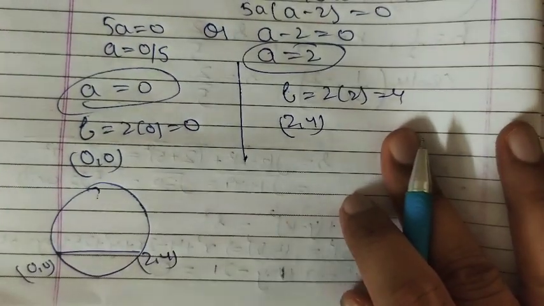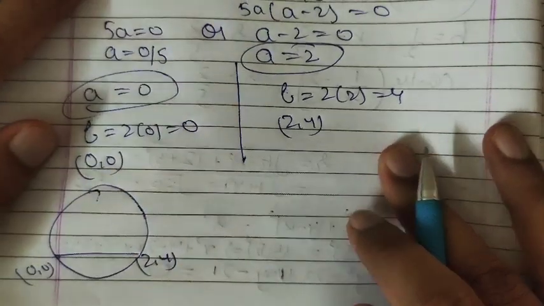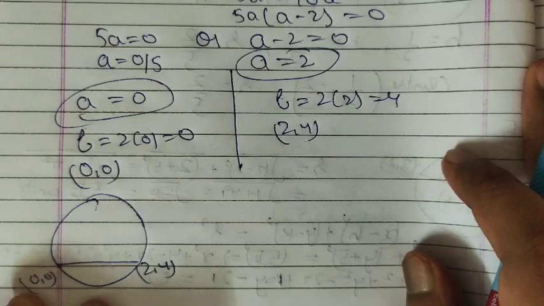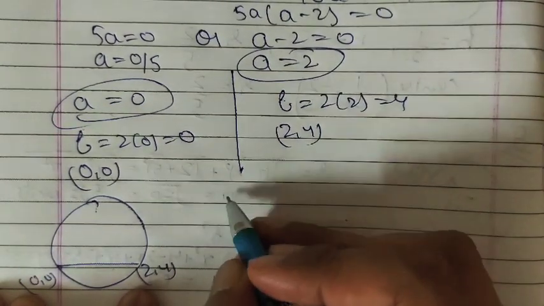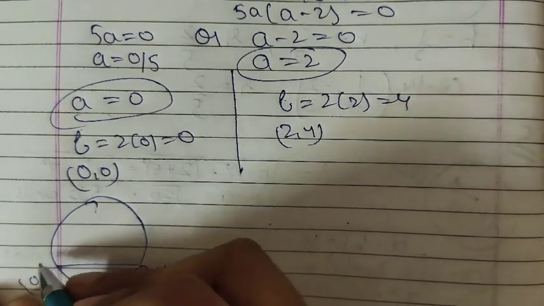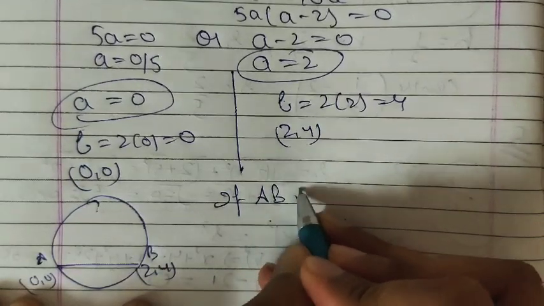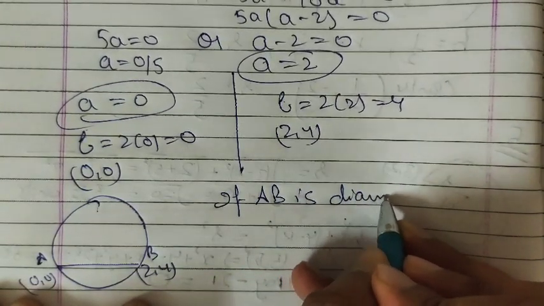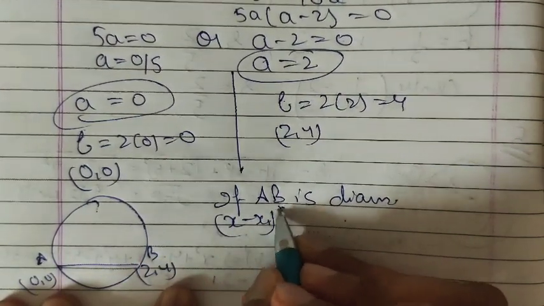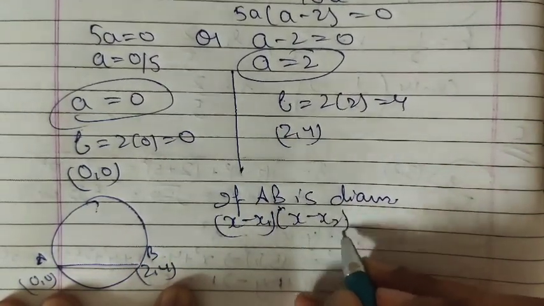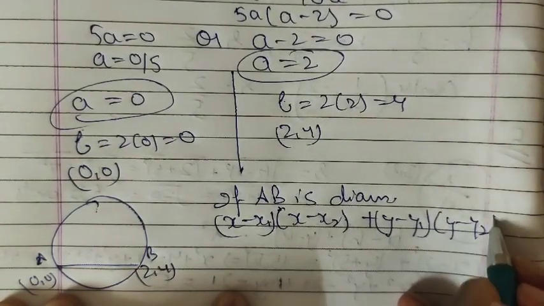Now we know the diameter of this chord will be its total length, right? If we want to find the equation of that circle, if AB is the diameter, then the equation of the circle will be (x minus x1)(x minus x2) plus (y minus y1)(y minus y2), right?